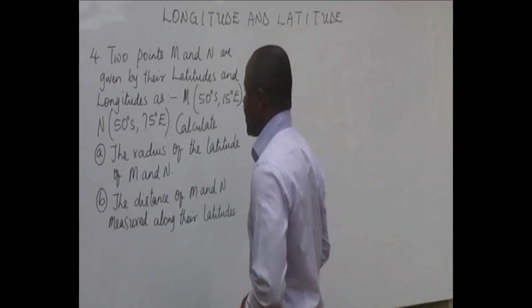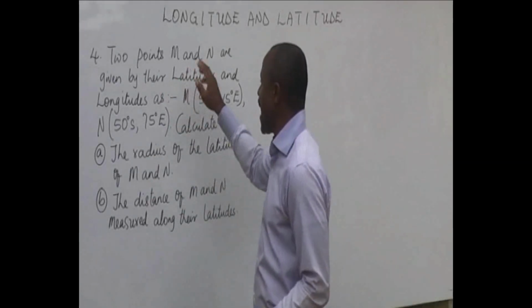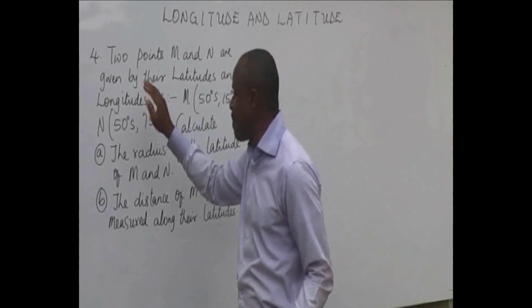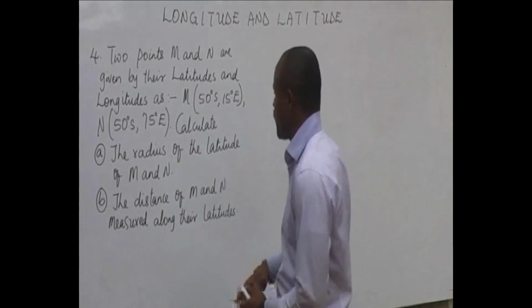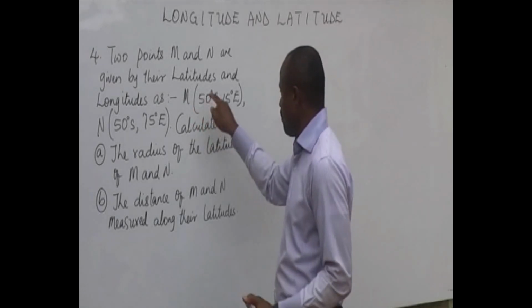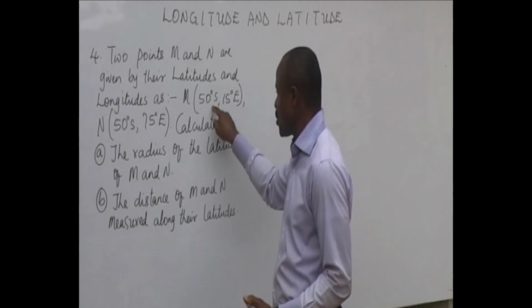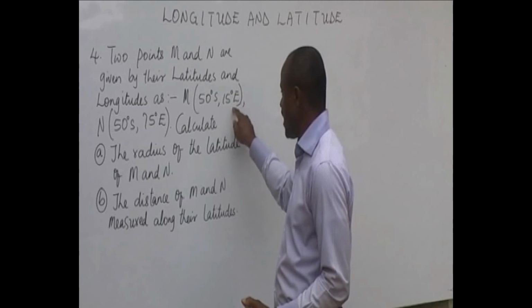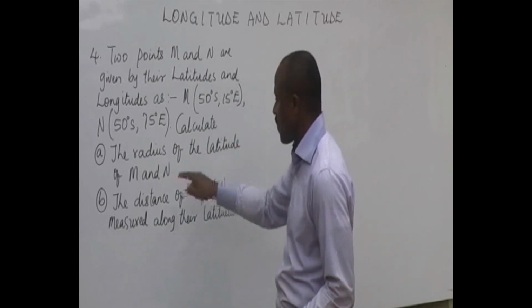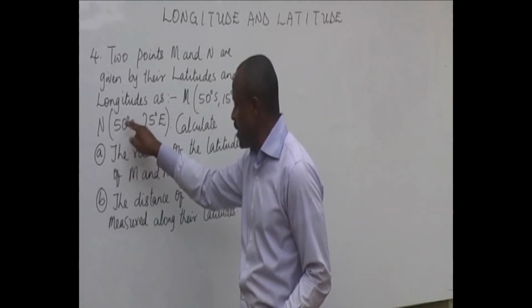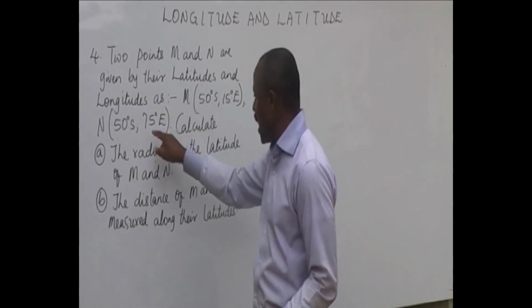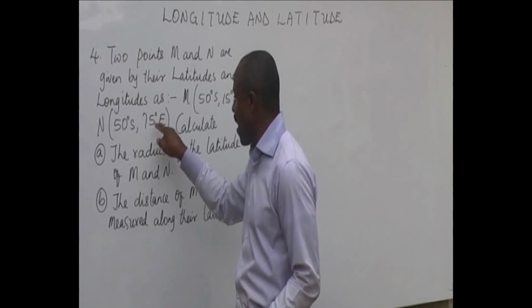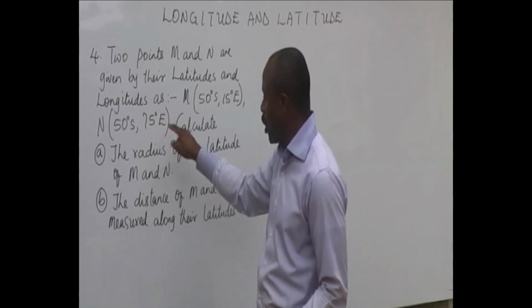Question number 4 says 2 points M and N are given by their latitudes and longitudes as M 50 degrees south, that is the latitude, 15 degrees east, that is the longitude. Then N 50 degrees south, that is the latitude, the same latitude with M, and 75 degrees east, longitude.